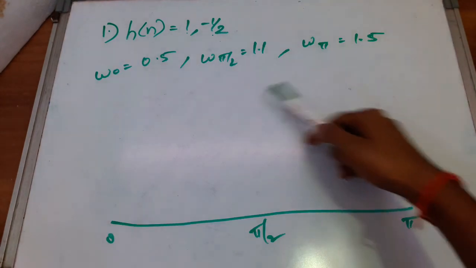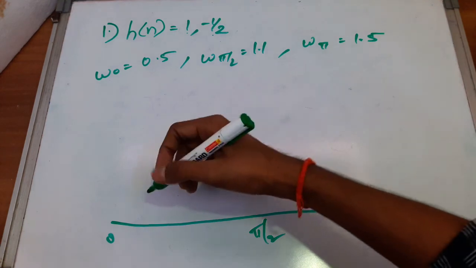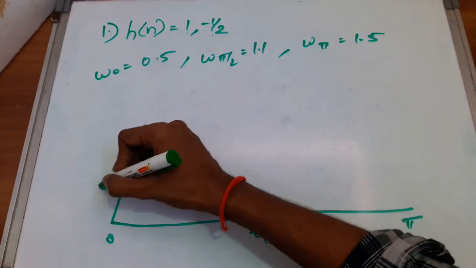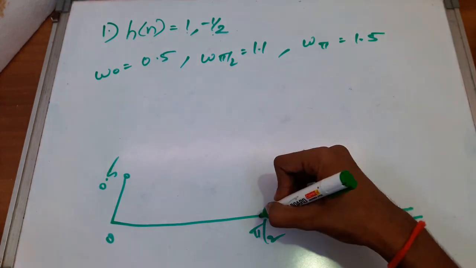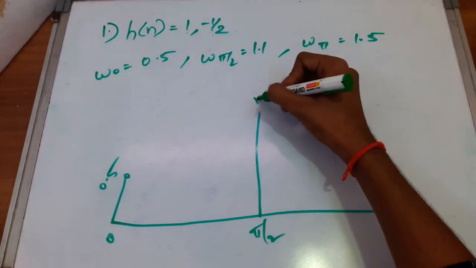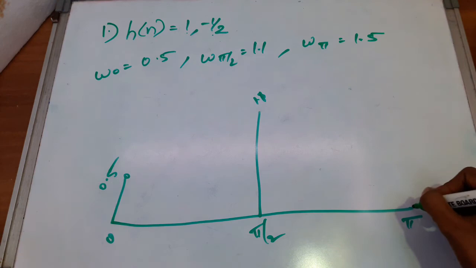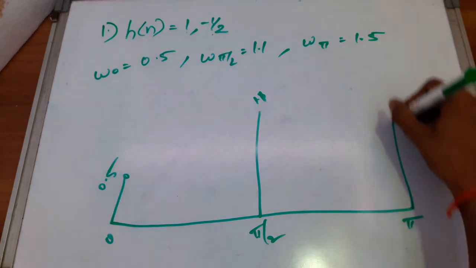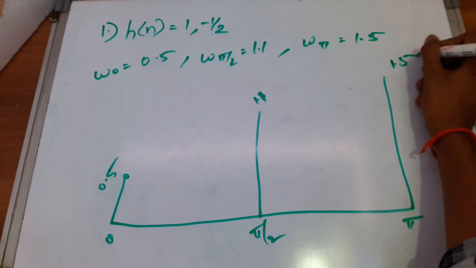So now with the omega values in front of us, we can start plotting. The 0 value is 0.5, the pi by 2 value is 1.1, and the pi value is 1.5.